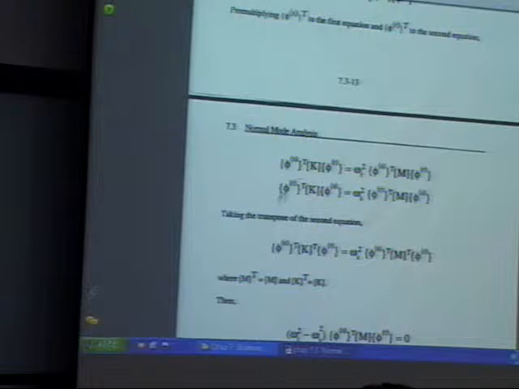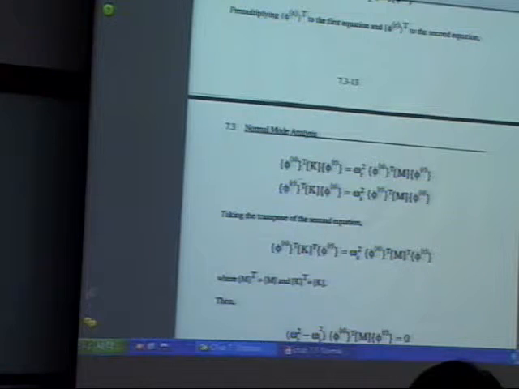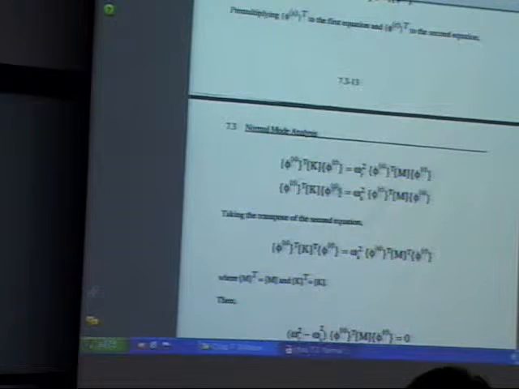Then we're going to take the transpose of the second equation for the whole thing. If you take the transpose of this multiplication of matrices, what do you see? Then you have to change the position.